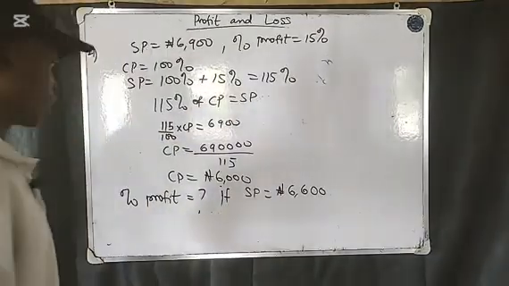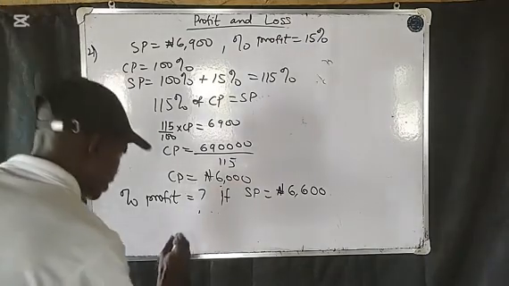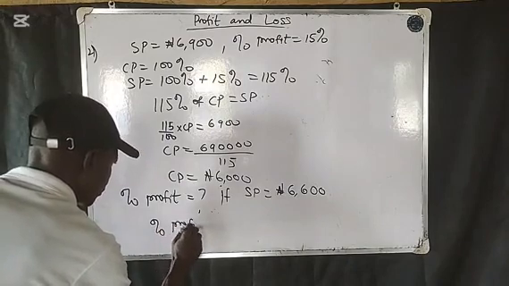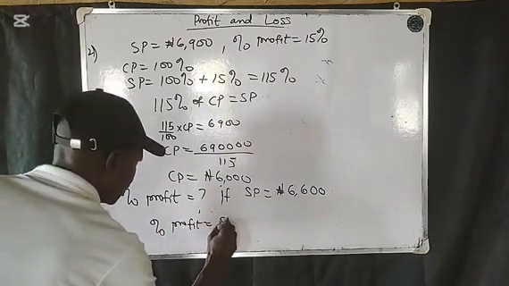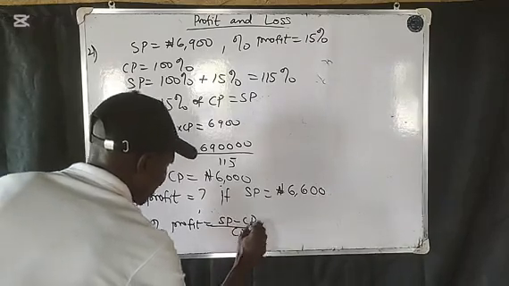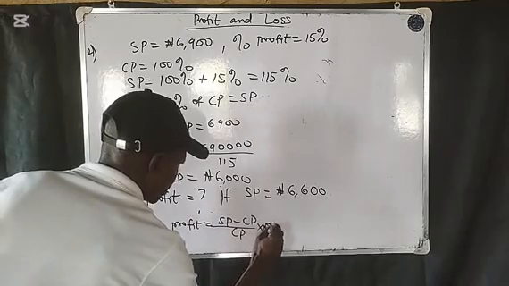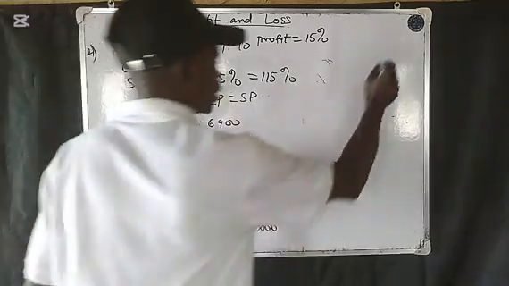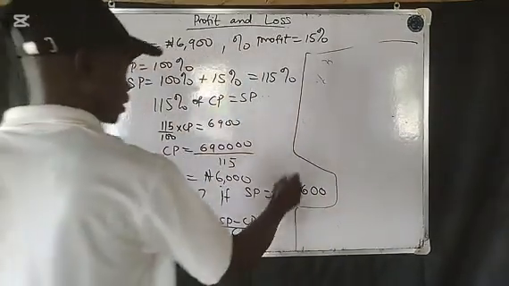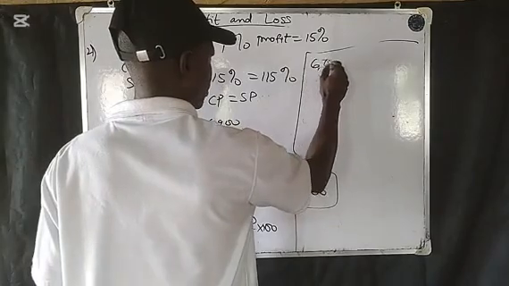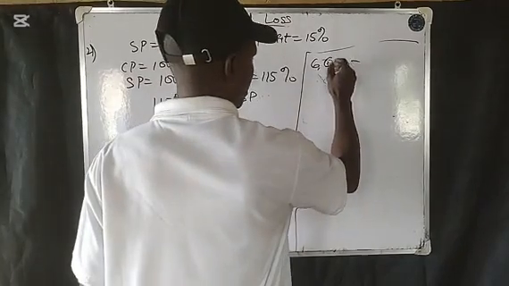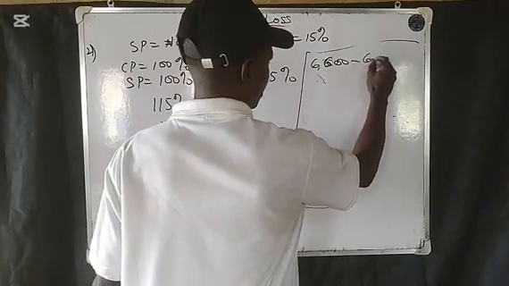All right. So let's use formula for that one. We say percentage profit is equal to SP minus CP over CP times 100, right? SP now is 6,600. CP is 6,000, right?